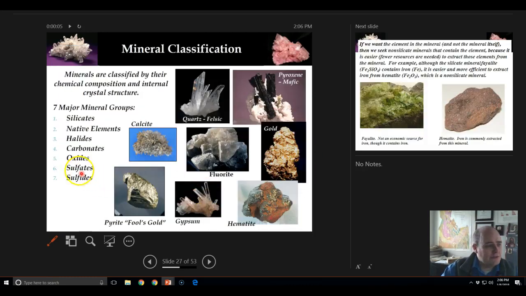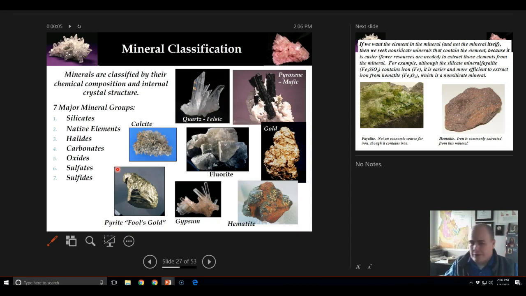So if we go back to those materials here, if we want to mine something, we want to mine these materials, native elements, halides, because these are easier to actually extract materials from. If you remember when we talked about mineral resources and mineral reserves, I have that quartz here, my granite, and there is quartz in here. There might even be iron in here, even gold in here, but they're not in high enough quantities, or it's so hard to get it out that it's not worth our while to actually try to extract it.